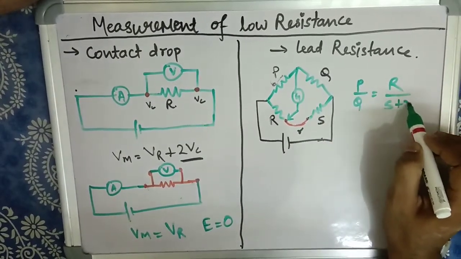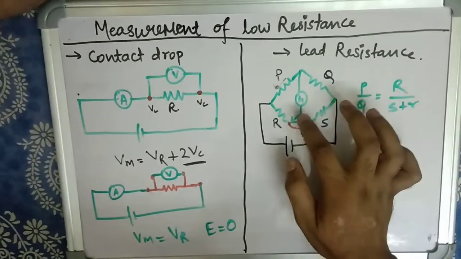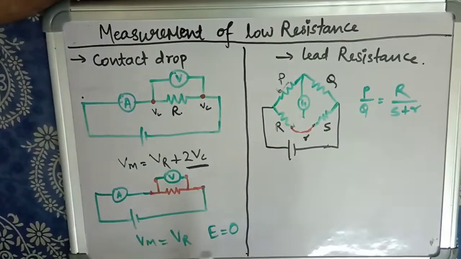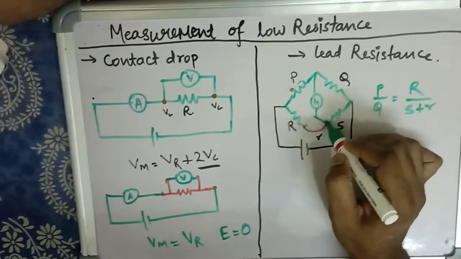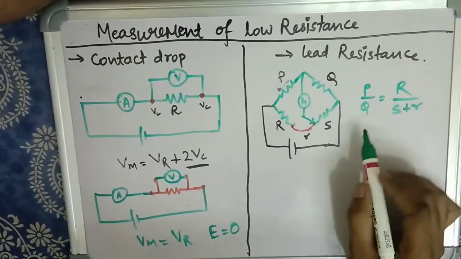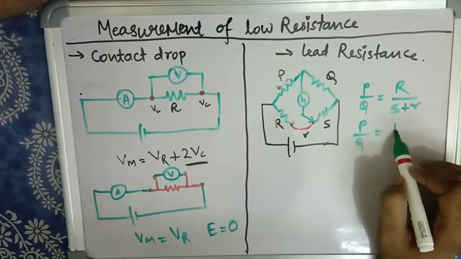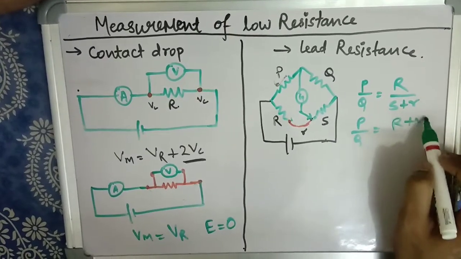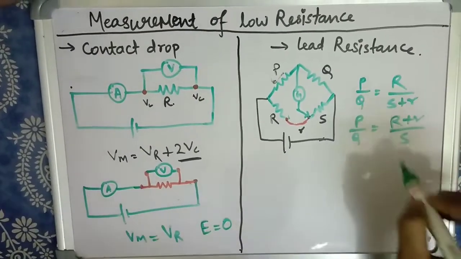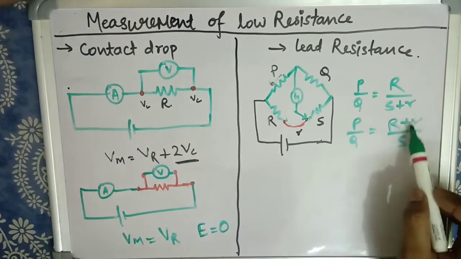And if the galvanometer is connected to this other position, our equation becomes P upon Q is equal to R plus r upon S. So in both cases we find a major error, that is r.